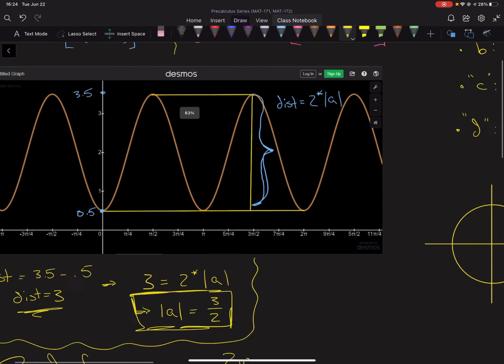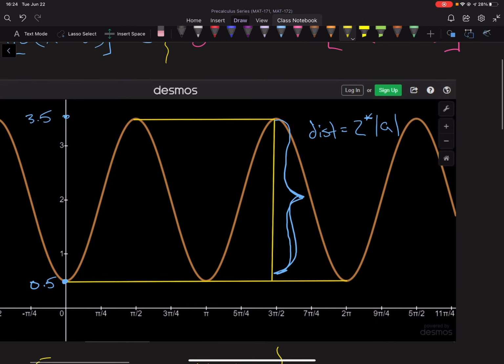All right, so let's look at the graph and see if we can determine the period. Now, the period of a trigonometric function is the distance on the x-axis that is required before it makes a complete oscillation. So it needs to start at a point and it needs to return to a point. Now we can readily see in front of us that for it to start at 0.5 and end at 0.5 is going to take pi units in distance on the x-axis.